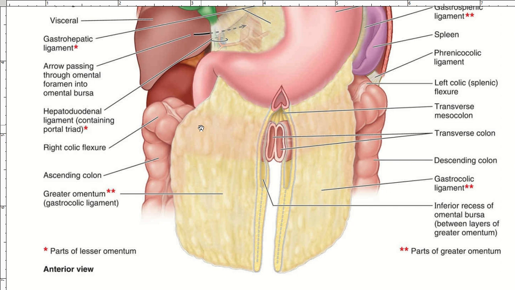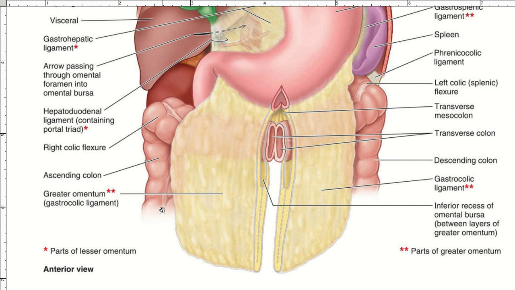For example, if there is appendicitis, right, which is the inflammation of your appendix, you actually see the greater omentum will go and completely enclose the appendix to prevent the spread of infection in the peritoneal cavity. So it's very important, very important, right?